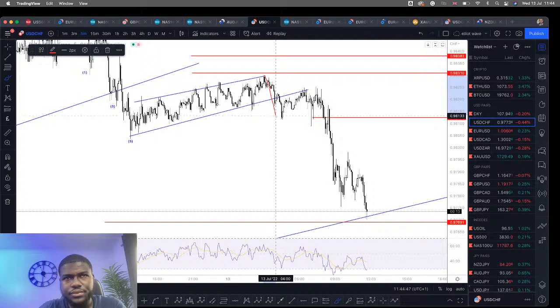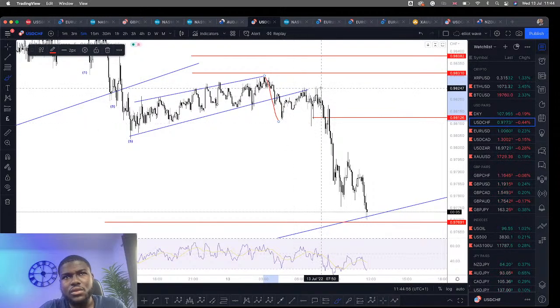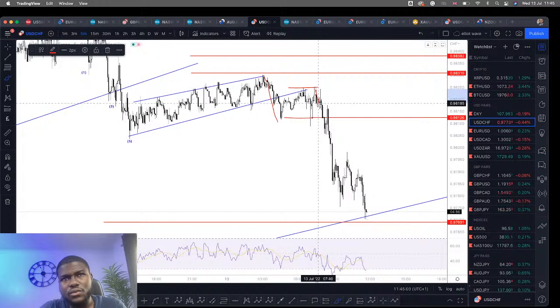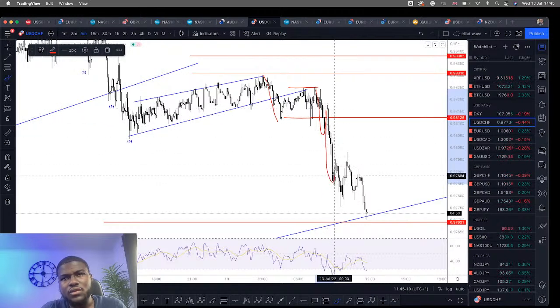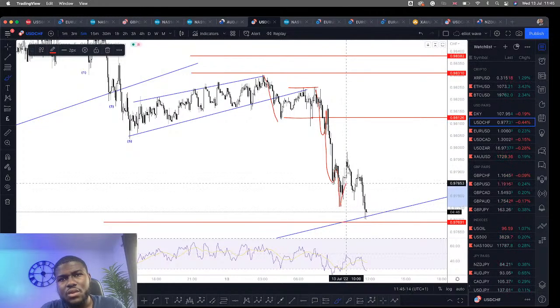This is wave 1, okay, and this is 3, 5. The whole of this is wave 2, guys. So wave 3 started right from here. I'm trying to be careful with the choice of count. Wave 1 of 3, 2 of 3, wave 3 of 3, 4 of 3, and this is wave 5 of 3. Fantastic. Then we have wave 4 to the upside here.